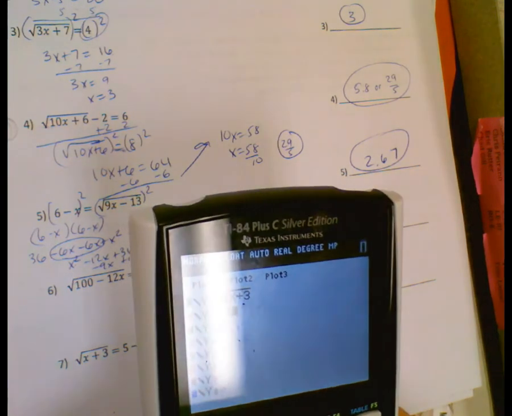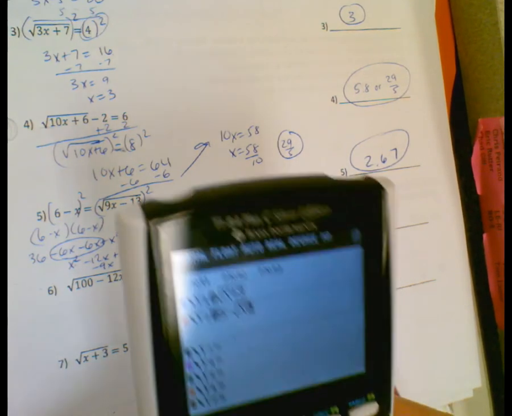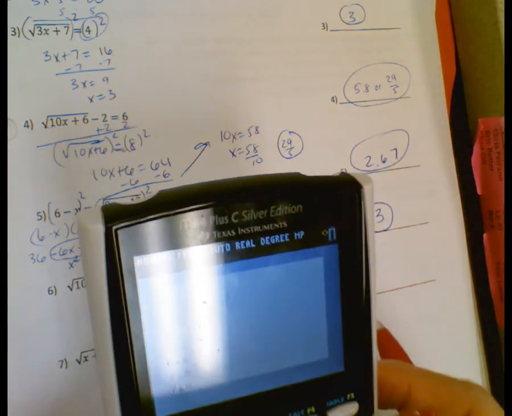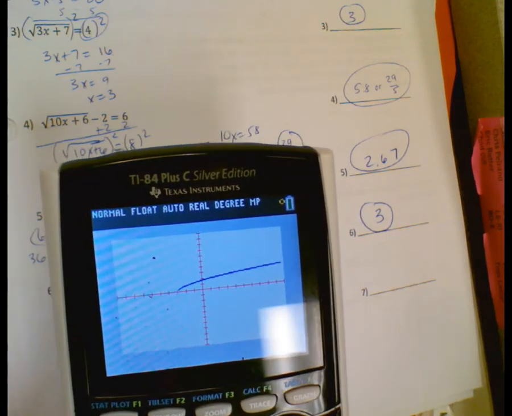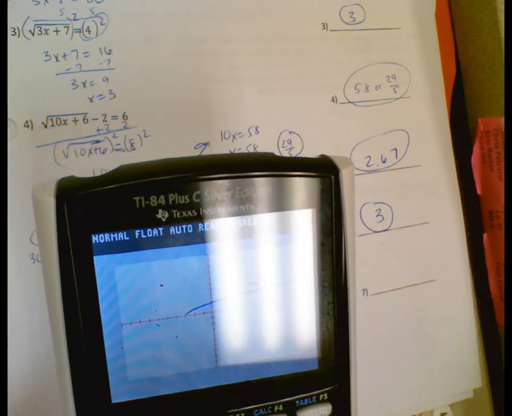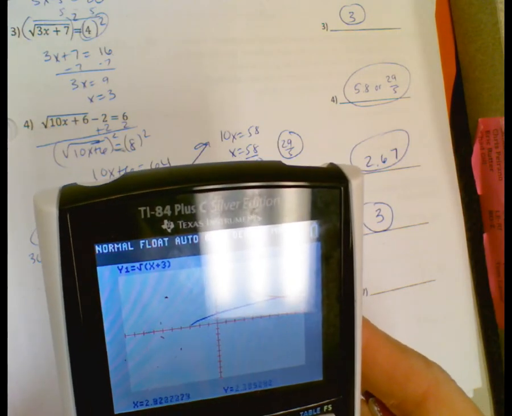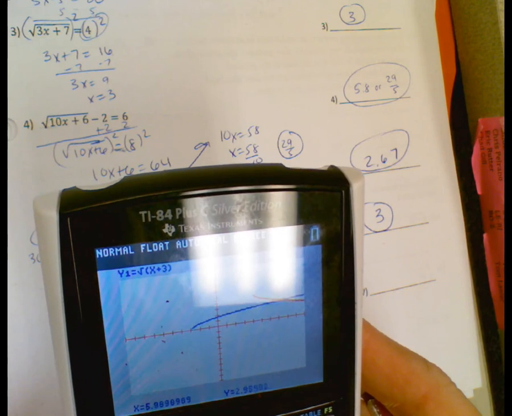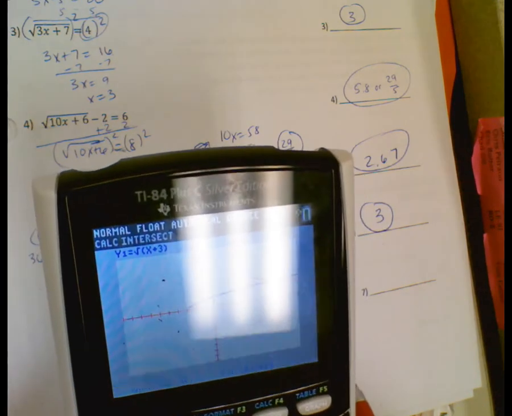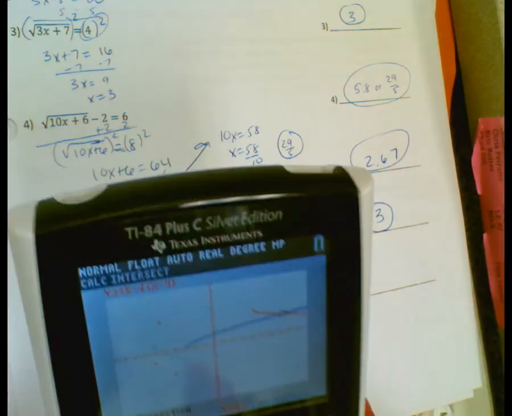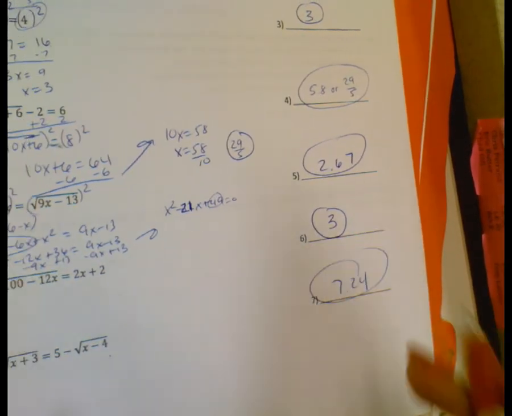The right side is 5 minus square root of x minus 4. Second trace, intersect. 1, 2, 3. 7.24. And that page is done.